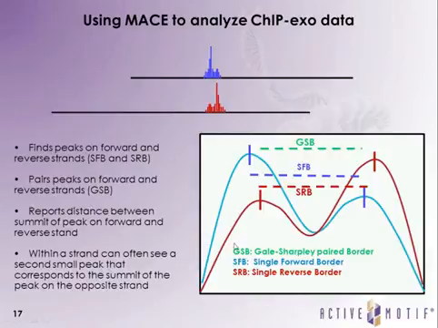And the end product, using the Gale-Shapley mating equation, which mates the pairs, identifies the binding site between these as a GSB binding site. And this is the site where you identify the binding sequence of your transcription factor, since this is the site between the two peaks where it was protecting the DNA. And that's the program we use here, but as you can see, there are other programs that can be used to look at ChIP-Exo data.